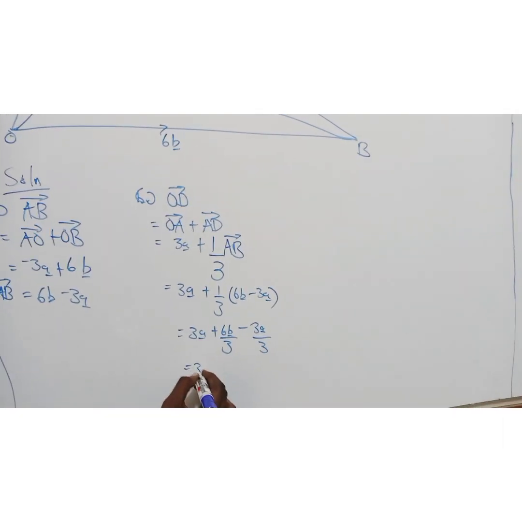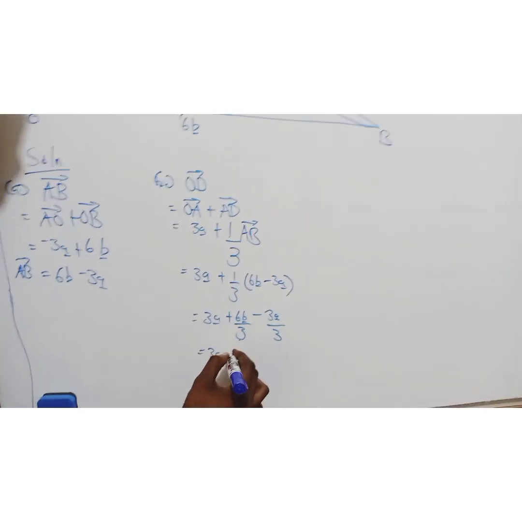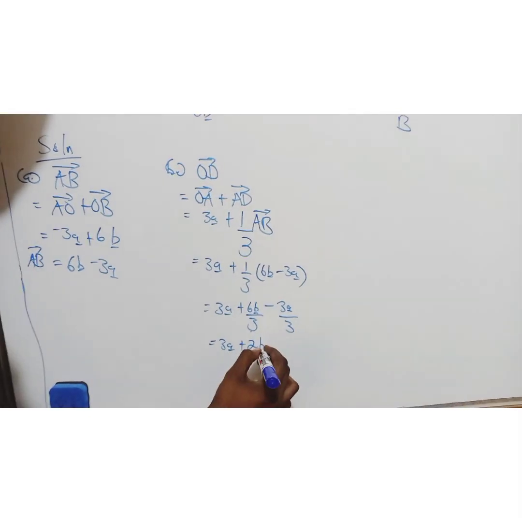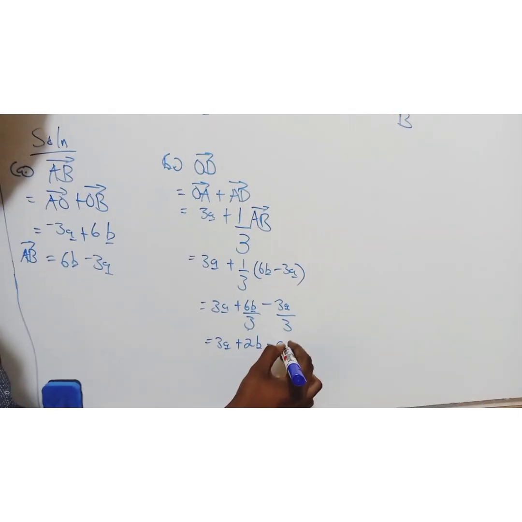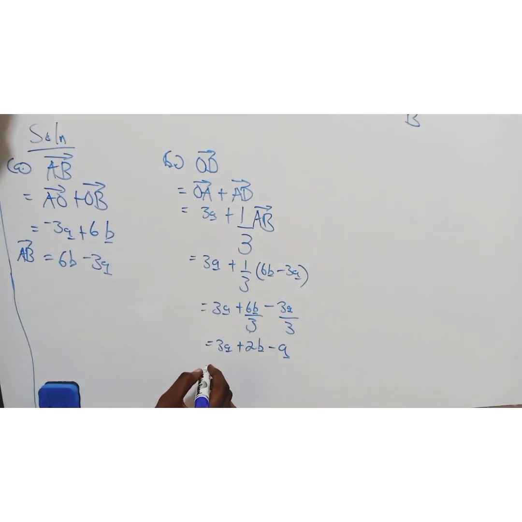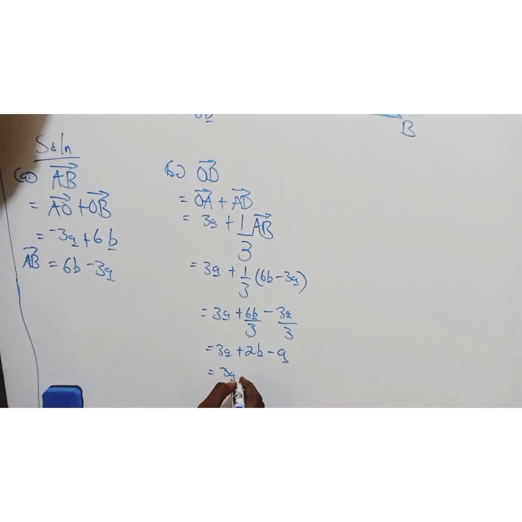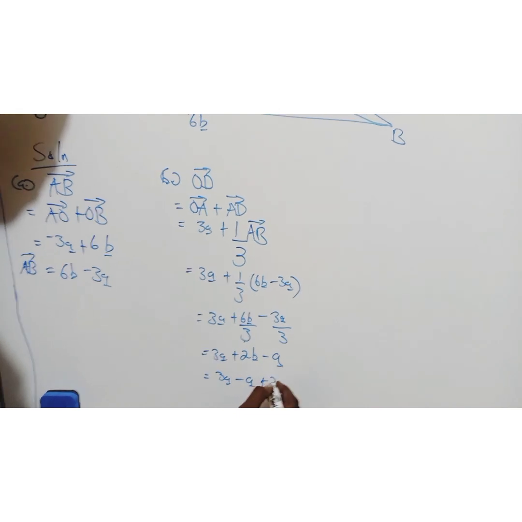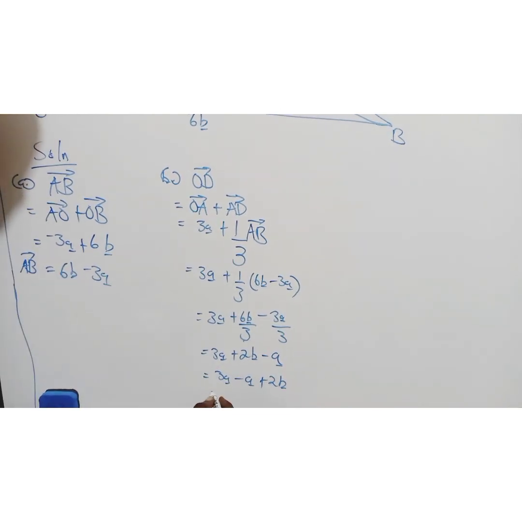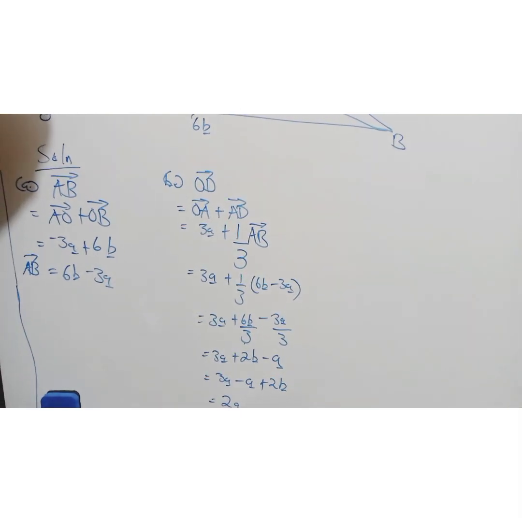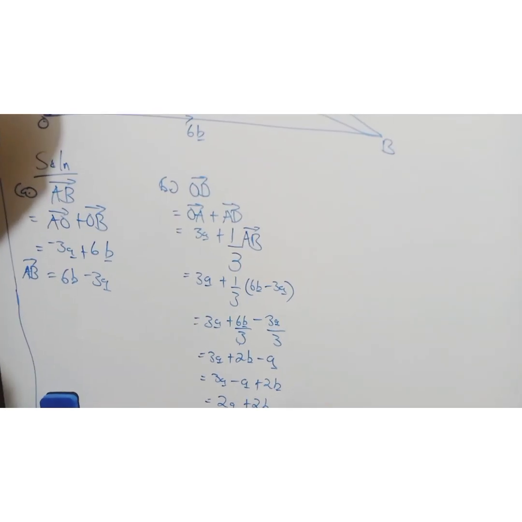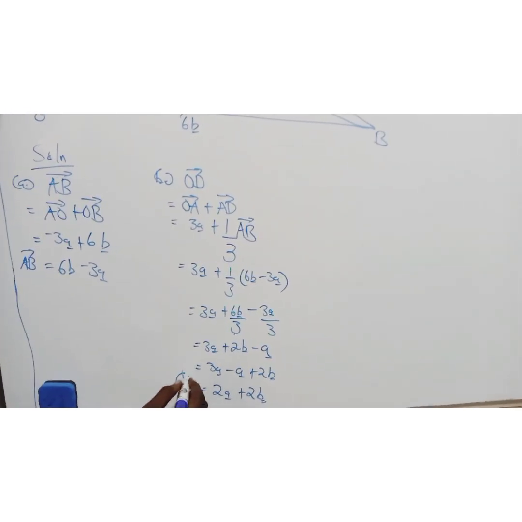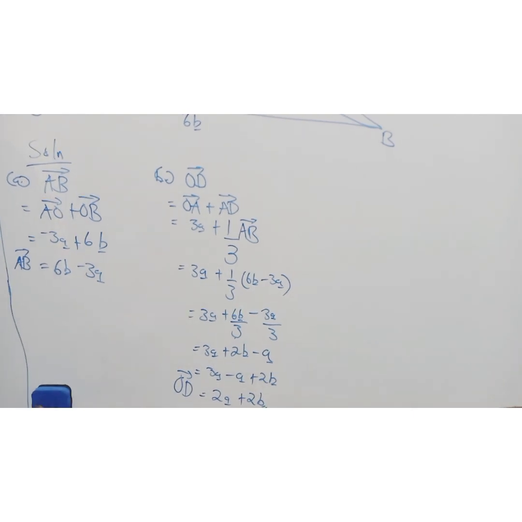So we have 3A, this into this is 2B. This gives us 1, which is A. Group the like terms, 3A minus A plus 2B. Yes, so here we have 2A plus 2B. Done. Hope you got it.